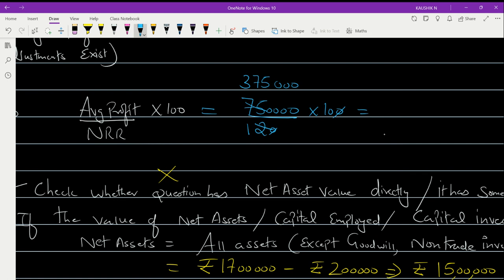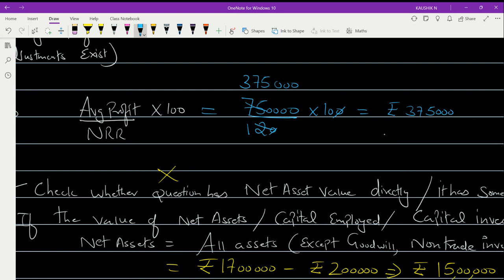Now it is given as 3,75,000 should be multiplied by 10. So what will be your value? 3,75,000 into 10 will be what? 37 lakhs and 50,000, right?